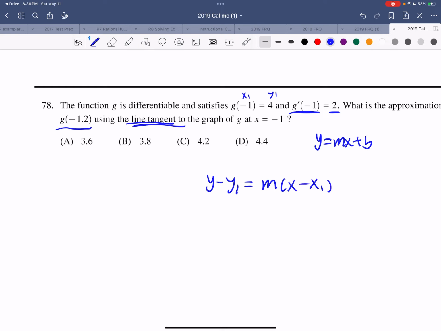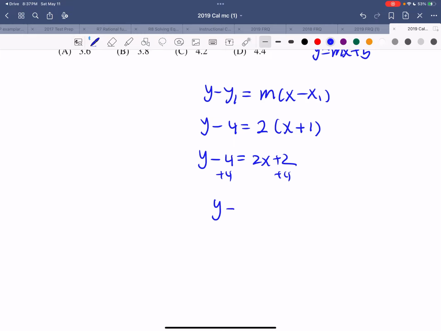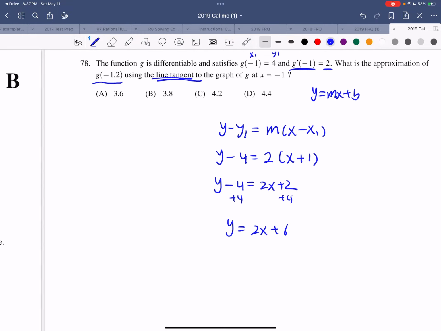So let me use this one because that's traditional. y minus y1 is equal to 4 and the slope was 2, x minus -1, so it's gonna become plus 1. So you're gonna get y minus 4 equals 2x plus 2. If you add 4 to both sides, you're gonna get y equals 2x plus 6, right?